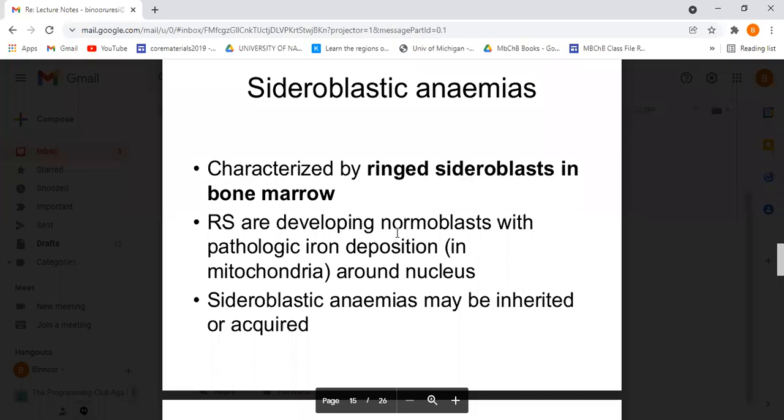That's what we call the ringed sideroblast.